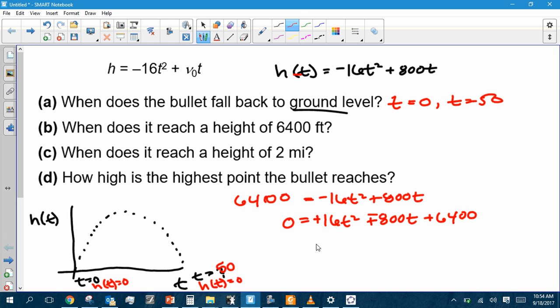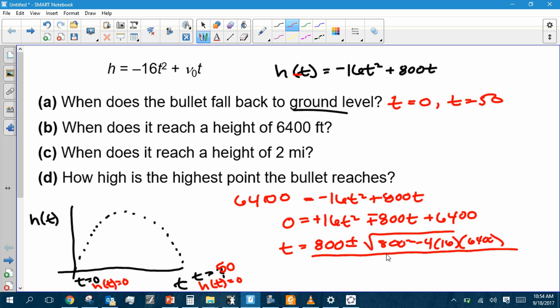If it doesn't factor nicely, we can always say t is equal to the opposite of b. So b was negative 800, so we're going to say 800 plus or minus the square root of 800 squared minus 4a, being 16, c being 6,400, all over 2a, being in this case 32. So give me a moment, and I'll calculate that for us.